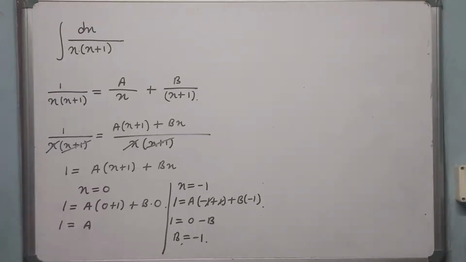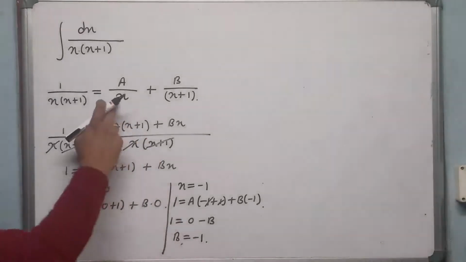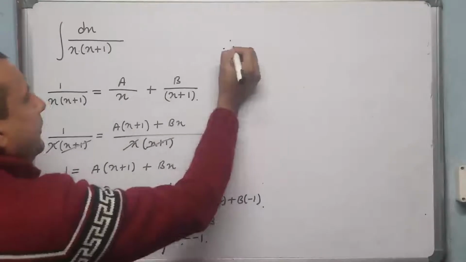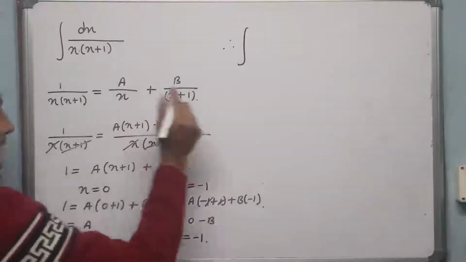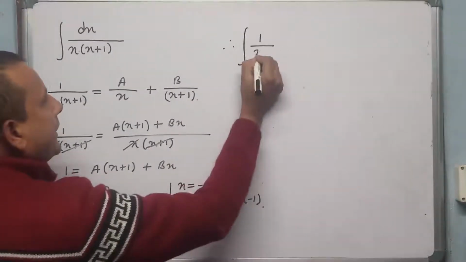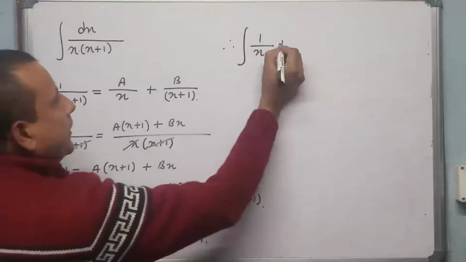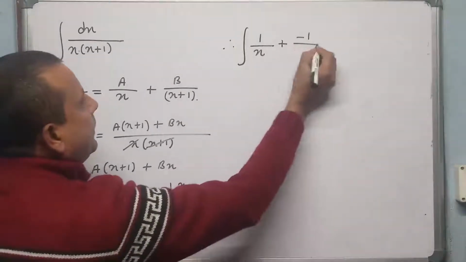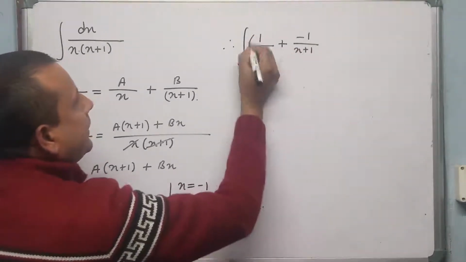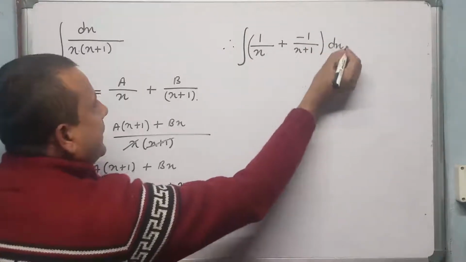After getting A and B, I'll substitute their values over here. Therefore, the integral of the value of A, which is 1 over x, plus the value of B, which is minus 1 over (x plus 1), dx.